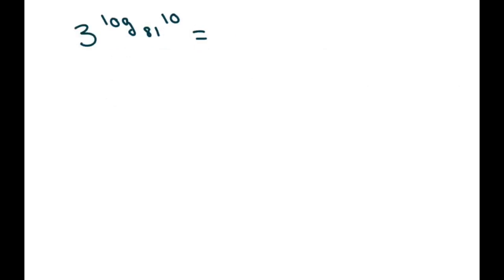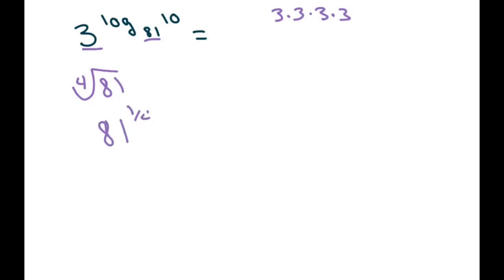The next one is this one. My bases aren't the same. This is your power, so I'm going to write this as the 4th root of 81. Because 3 times 3 times 3 times 3 is 81. So the 4th root, and I'm going to also write it as 81 to the 1/4 times log base 81 of 10.